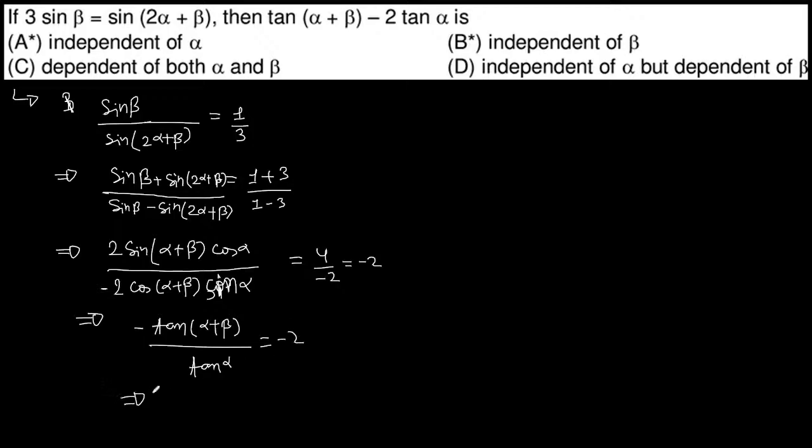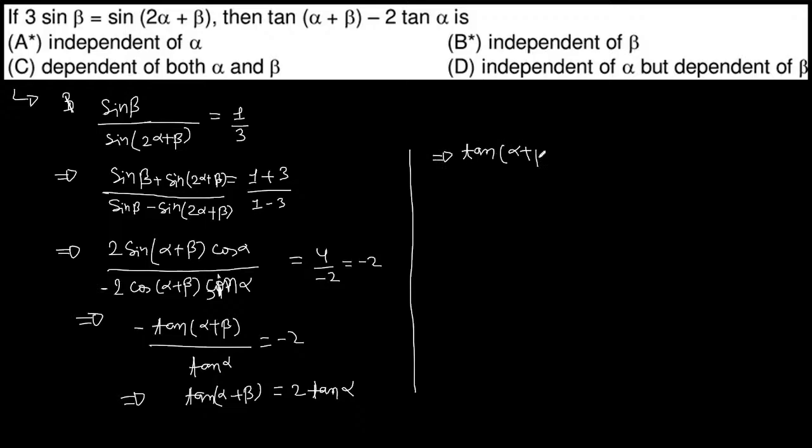So we can simply say that tan alpha plus beta is equal to minus 2 tan alpha. Going further, tan alpha plus beta plus 2 tan alpha is equal to 0. So the value is equal to 0.